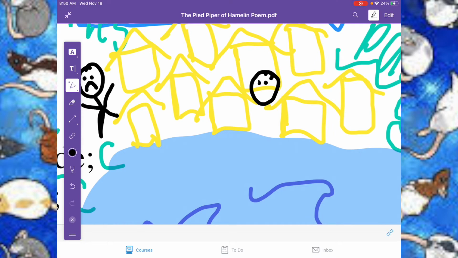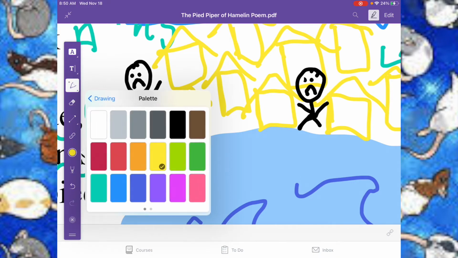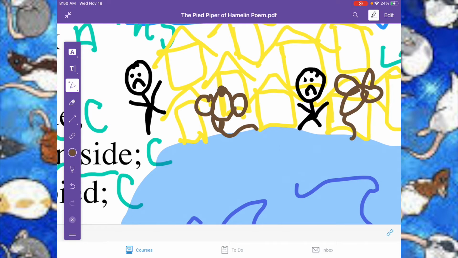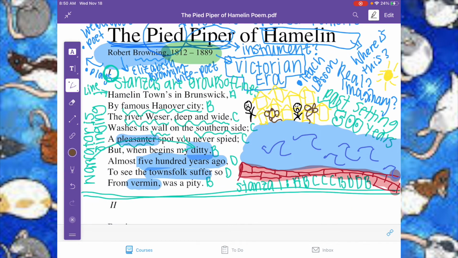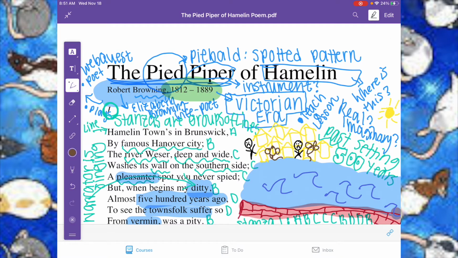They are not having a good time because of the vermin, the rats. So we're gonna just draw a little rat here. Okay, they are suffering. So that is our annotation for the first stanza.